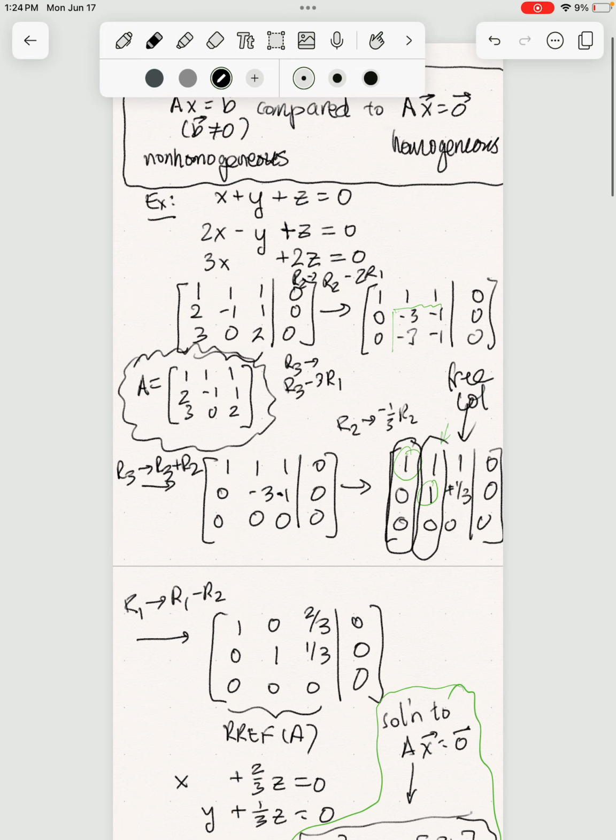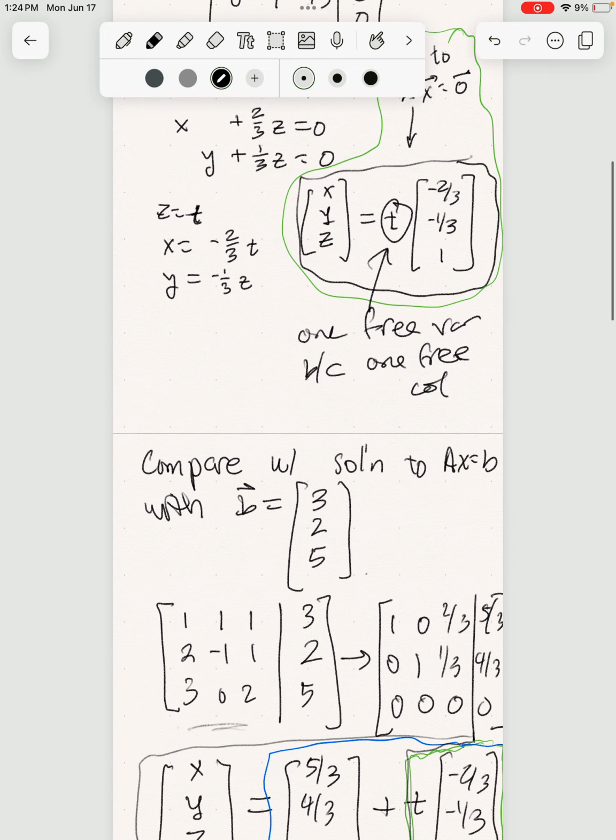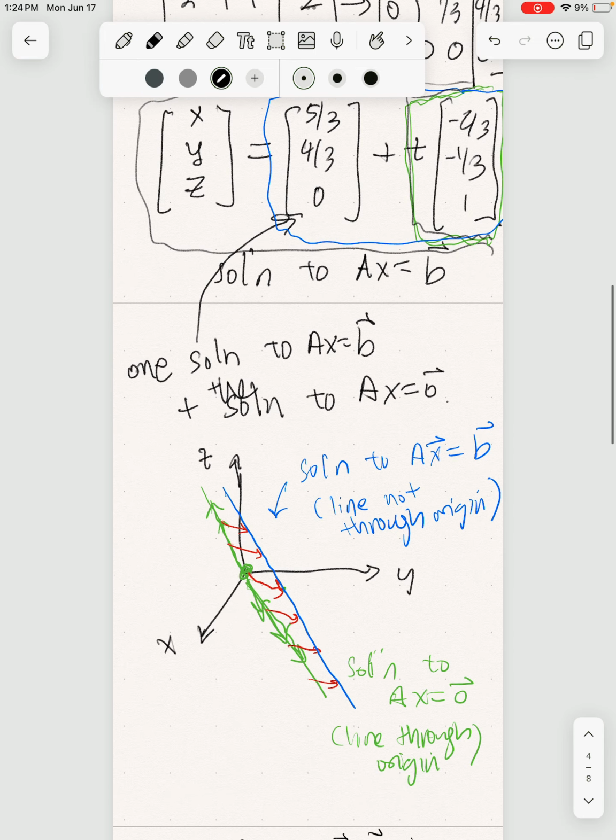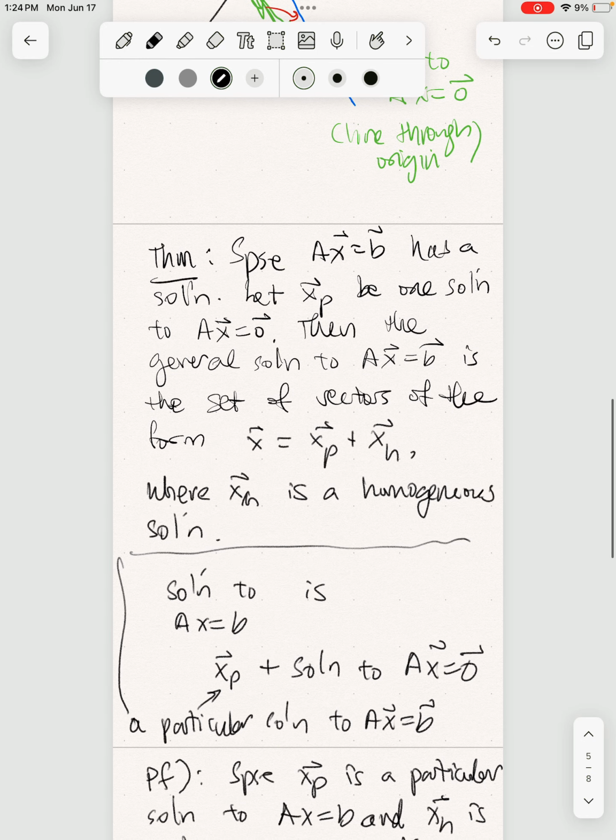We looked at an example and saw an instance of the general theorem: the solutions to Ax equals b, provided there are any solutions to begin with, are just translations of the solutions to Ax equals 0 by one particular solution to Ax equals b. It's just xh plus xp.